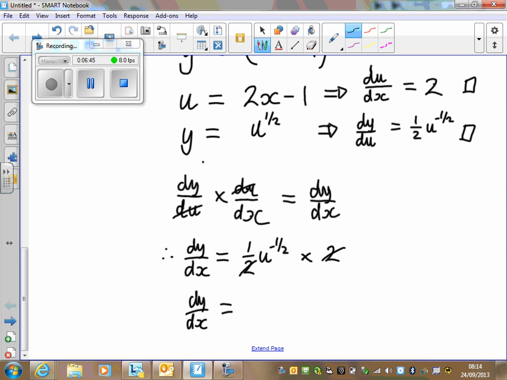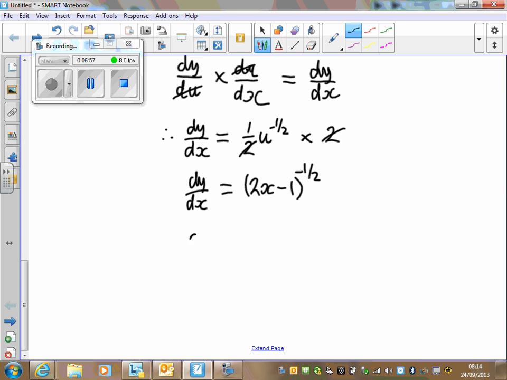Now, if we simplify that, the half will cancel with the 2, so we're just left with u to the minus a half. Now remember, u is 2x minus 1. So we're left with 2x minus 1 to the power of minus a half, which we could write a little more nicely as 1 over the square root of 2x minus 1.